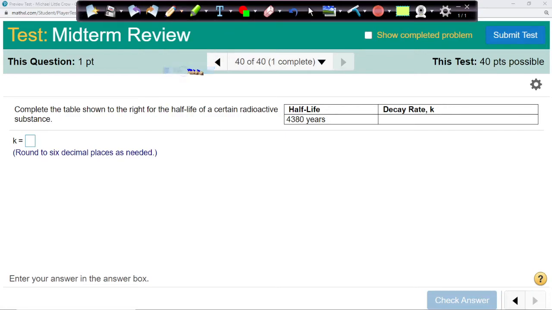Where would we start? Well, radioactive decay is that some future value, and what we're going to have is half left over, right? So whatever we started with is 1. What we're remaining is going to be a half.